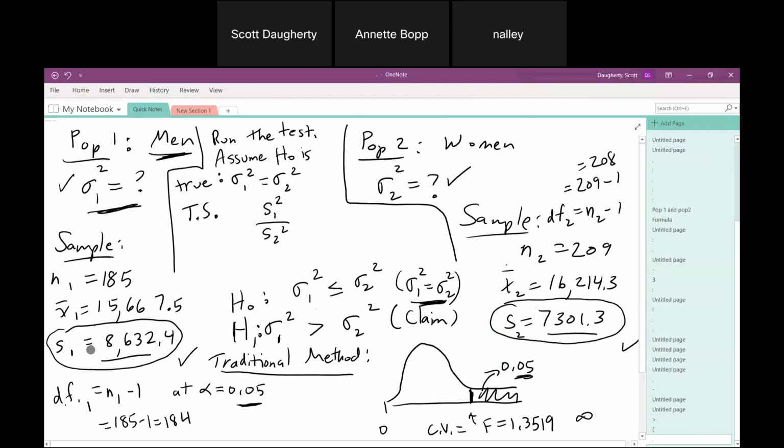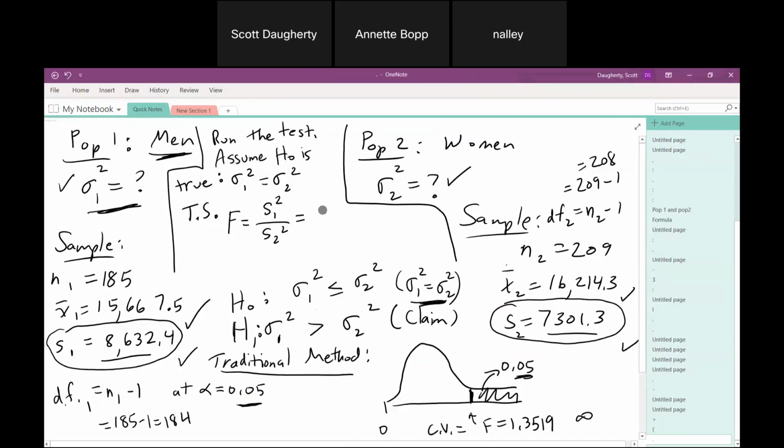The reason we picked the larger one to be S1 is because we want the larger one to be on top when we create this ratio, to ensure that the top is larger than the bottom. And then the thing we get is called an F value.